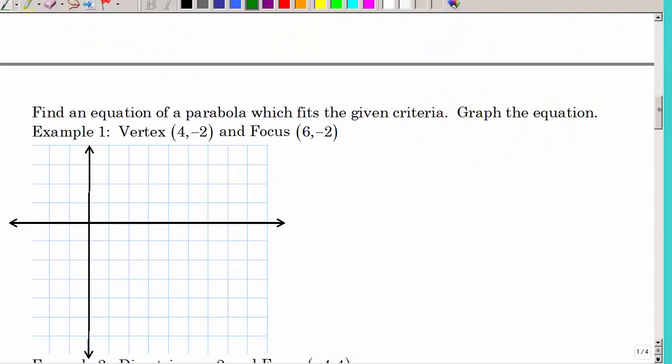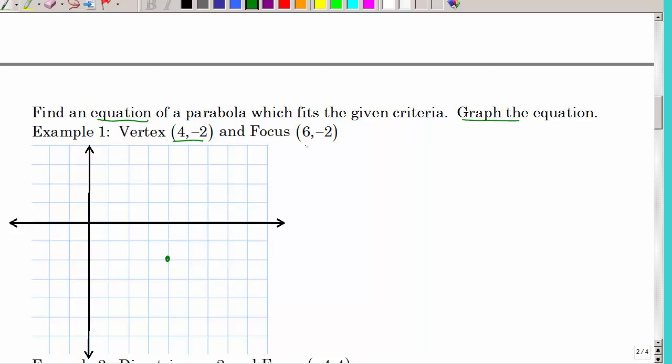So the first thing we're going to be asked to do is find an equation of a parabola and graph that parabola given some information. So I have provided graph paper. It is a lot easier if you use graph paper. So let's first of all plot the vertex, (2, -2).